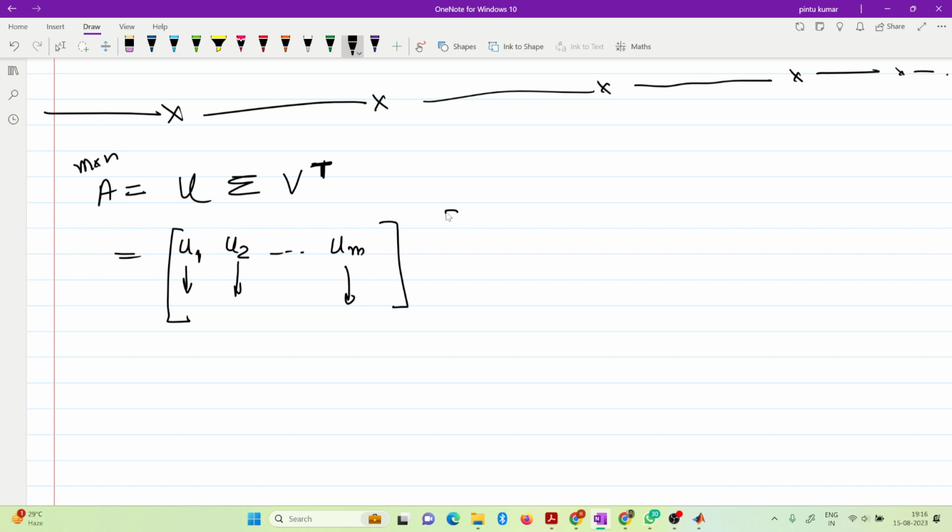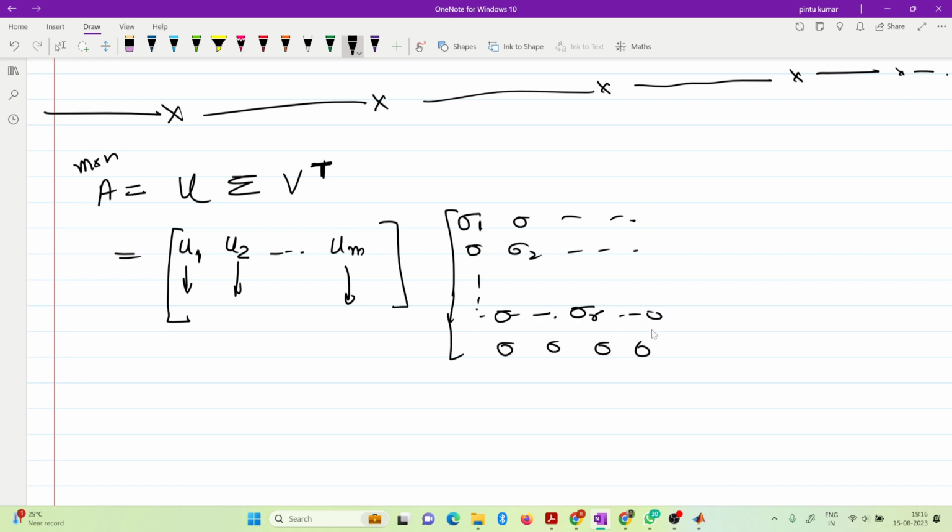You will get some sigma 1, 0, 0, sigma 2, and so on till some sigma R, and the rest everything to be 0. And you will get one more, because this is V transpose, so you will get these vectors in row form.